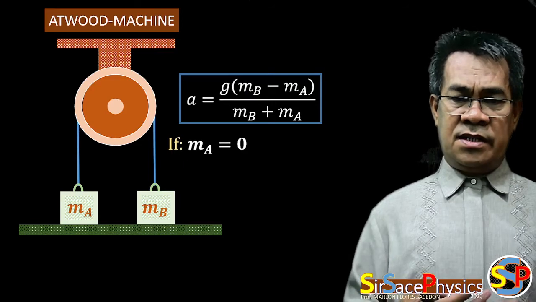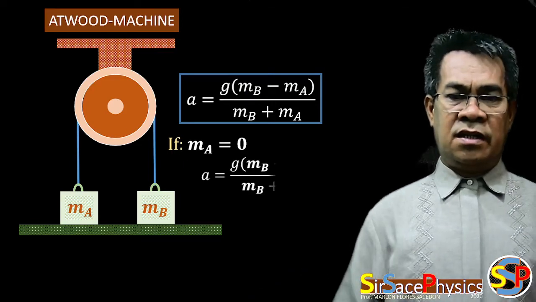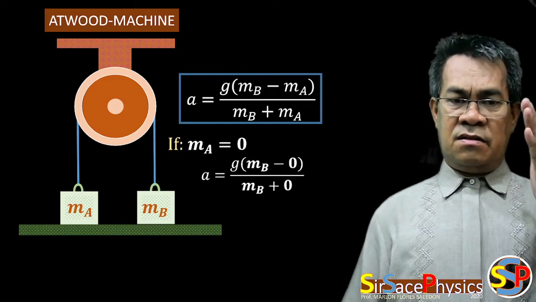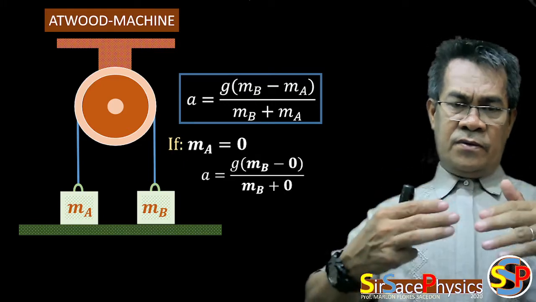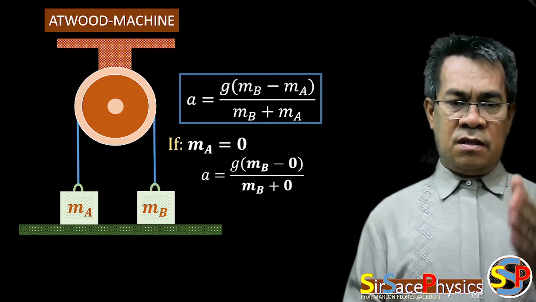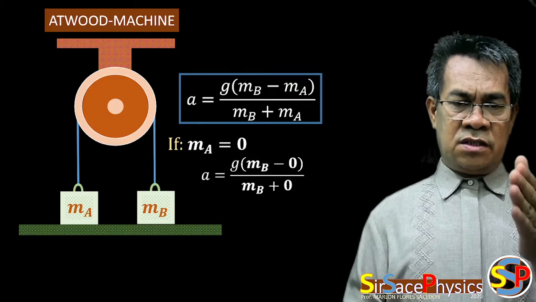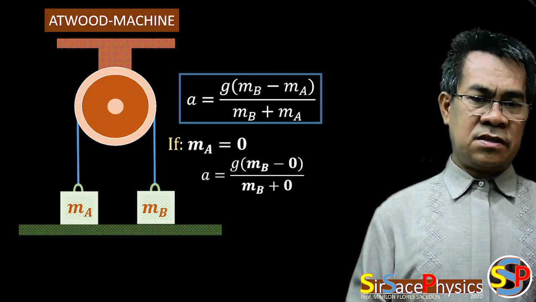If I set mass A to be equal to 0, or I cut the string, then mathematically, when you look at the formula and substitute mass A into the formula for the acceleration of the Atwood machine, B will be cancelled out because the next term is 0.